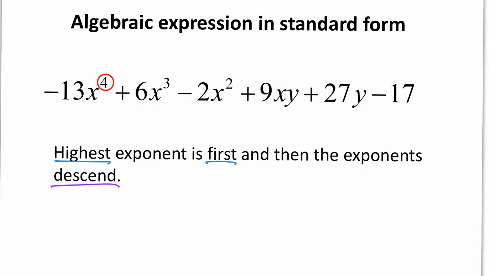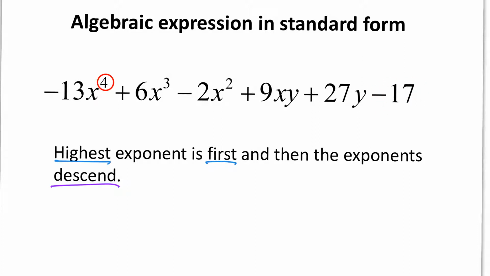So you always start with the highest exponent. Sometimes you don't have an exponent of 4. The highest exponent is 3, so that's where you start, with the highest exponent of 3. Sometimes the highest exponent is 7, so you start with 7, and then 6, 5, 4, 3, 2, 1, and the last one is a constant. Sometimes you don't have a constant. You don't really need a constant for every algebraic expression.